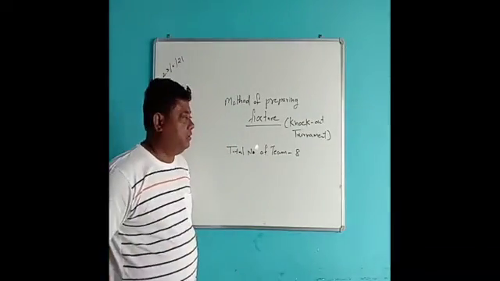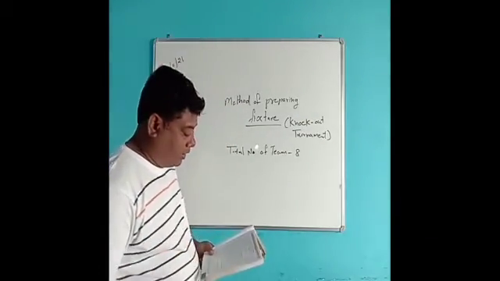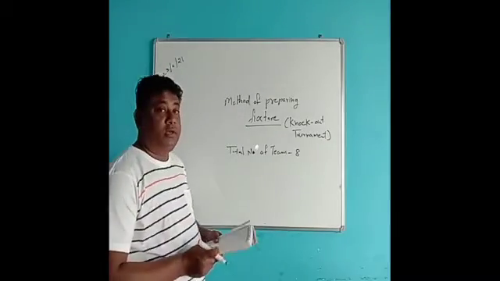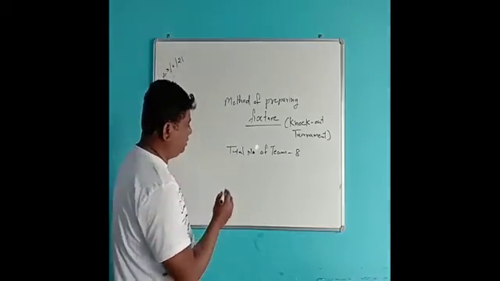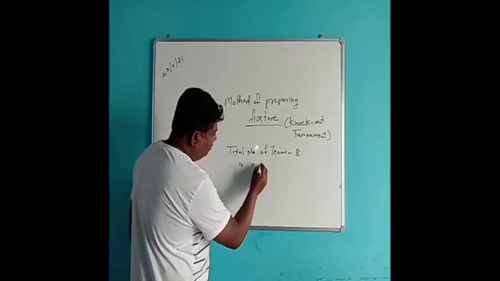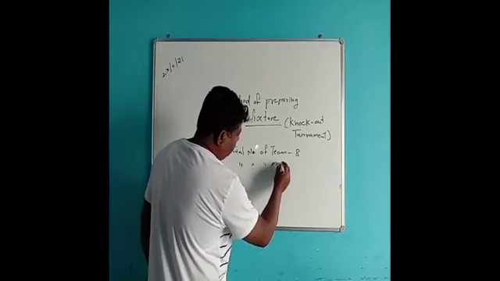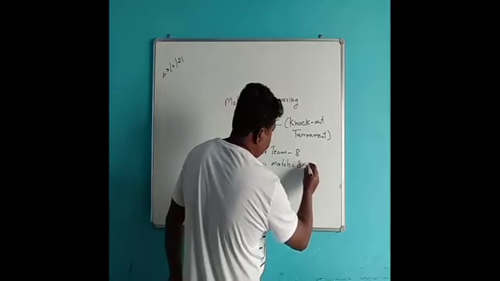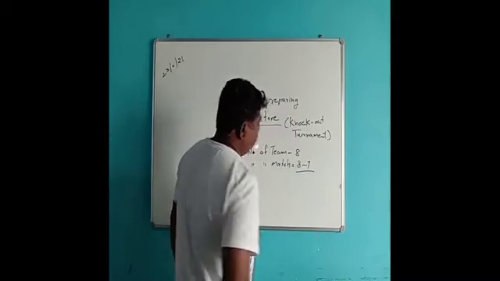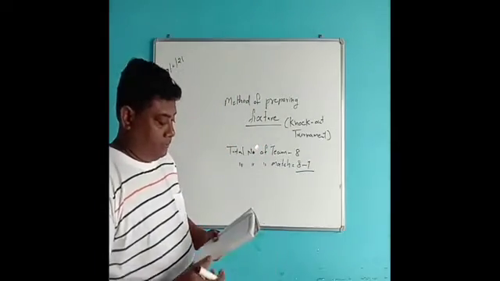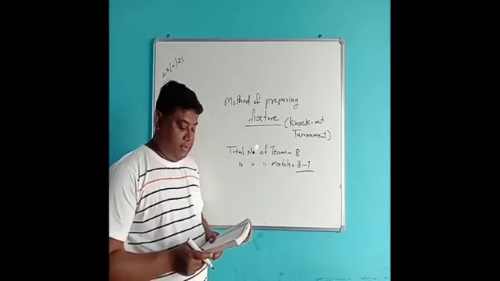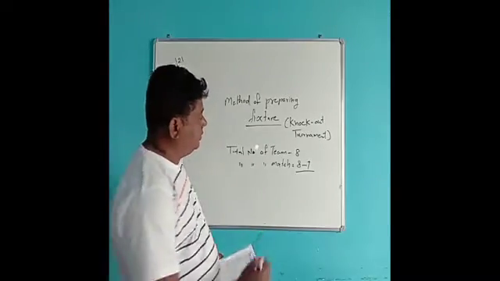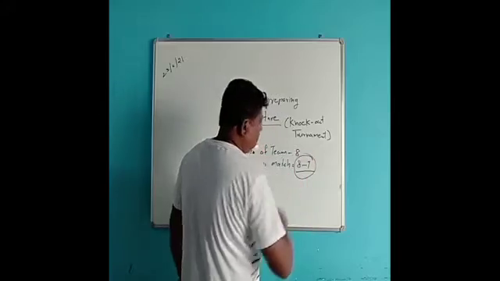Remember those 6 points: total number of teams, total number of matches. 8 minus 1, that is wrong.